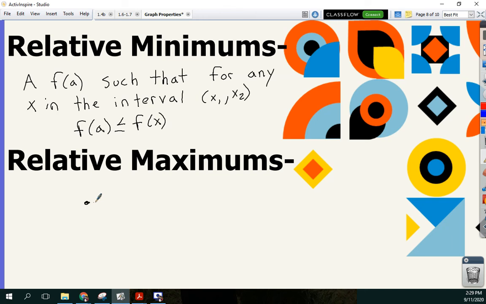And again, basically our relative maximum is going to follow a very similar format, but now instead our f of a needs to be bigger than all of our other things.